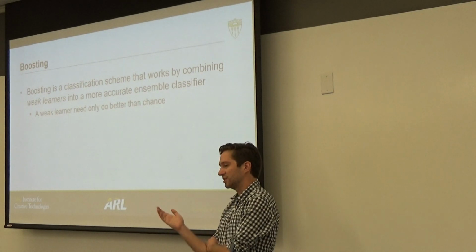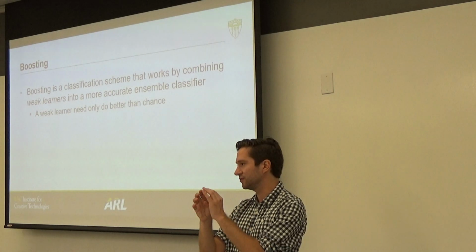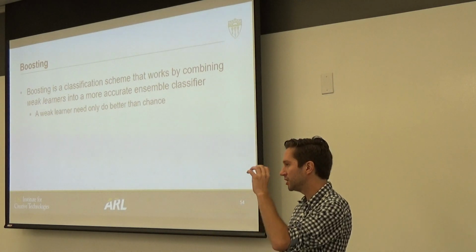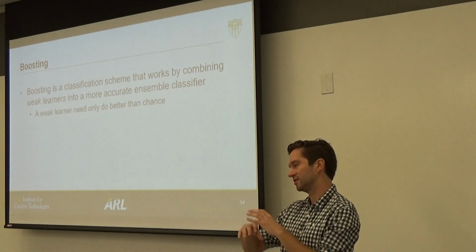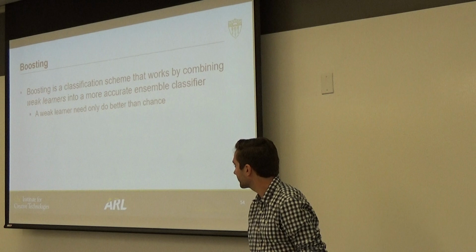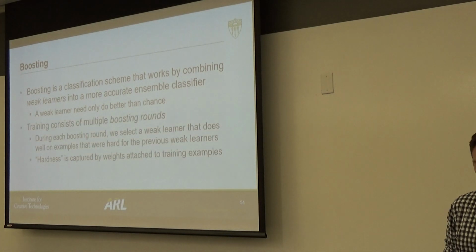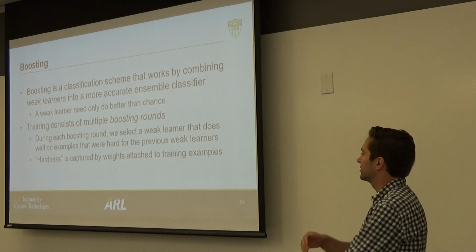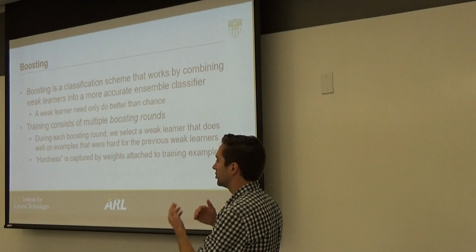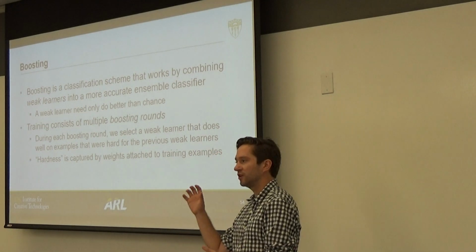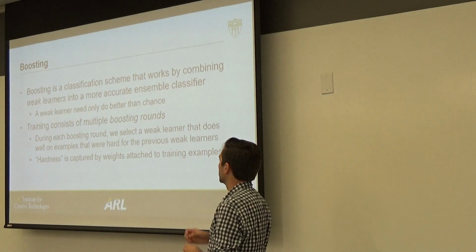But the idea is that if one classifier is good at identifying some kinds of faces, but very bad at all the others, well, you keep it, and then you take a classifier for another part of your feature space, and then another, and another. So what this does is combine what are called weak learners into one strong learner. In boosting, you have multiple rounds. In the first one, you just take one classifier, which doesn't even have to be that good, and then you add another one to it, and another one.